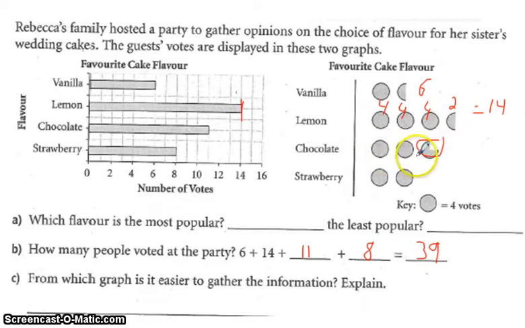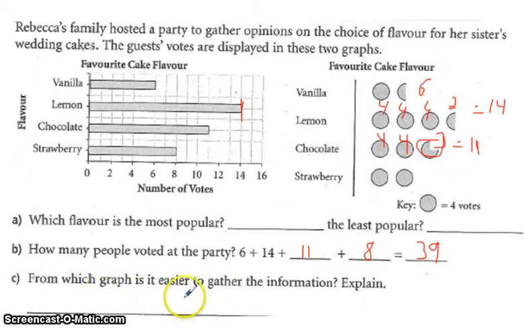I've got 4 votes here, 4 votes here, and I get 3/4 of 4, which would be 3. So now I've got to do 4 plus 4 is 8. 8 plus 3 is 11. So as you can see, I can still get the data from this chart, but it's a lot more difficult.